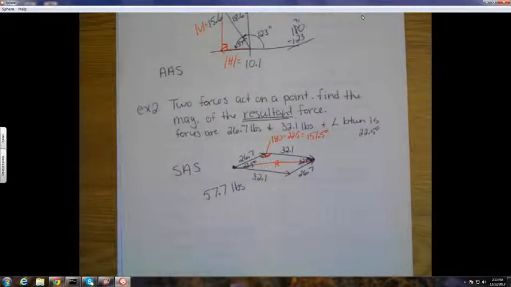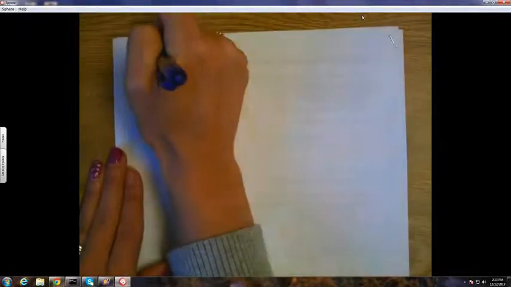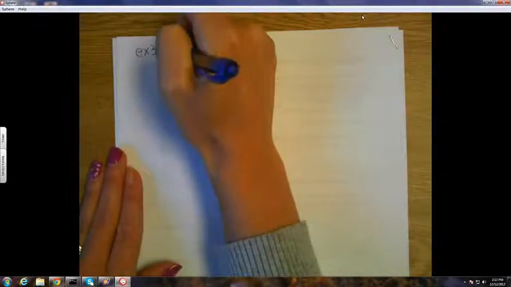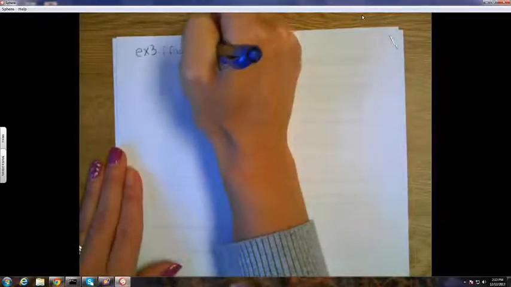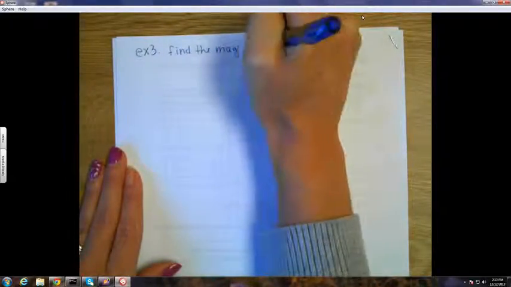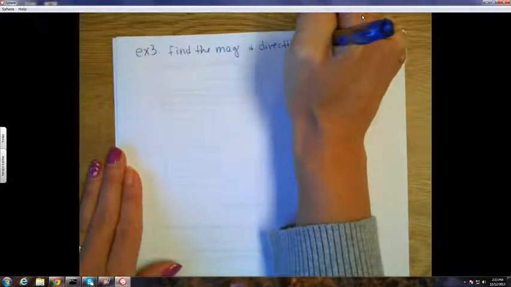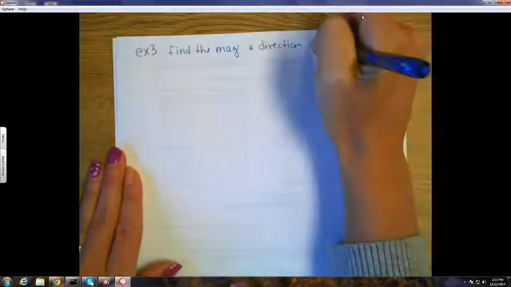Okay. Next. I better start a new paper. Number 3. Find the magnitude and direction of the given vector.